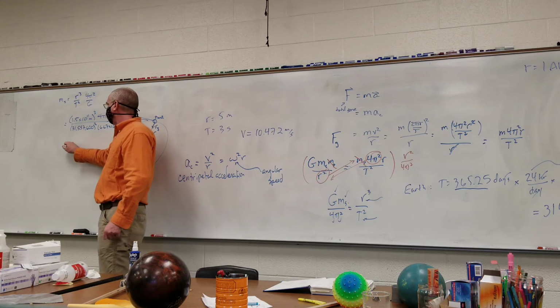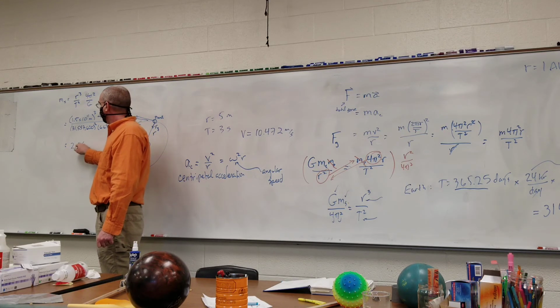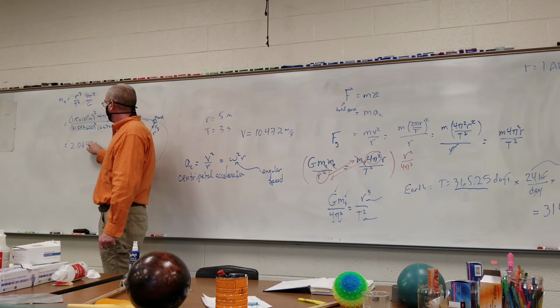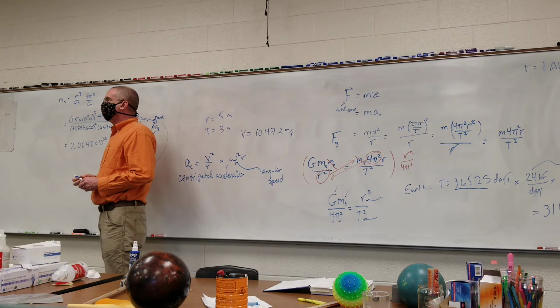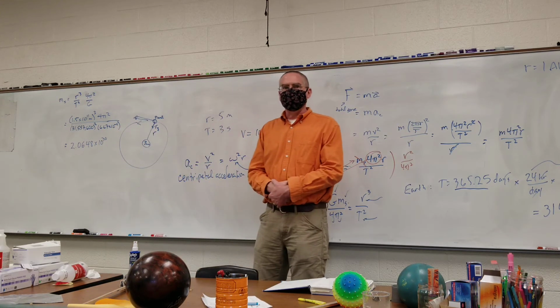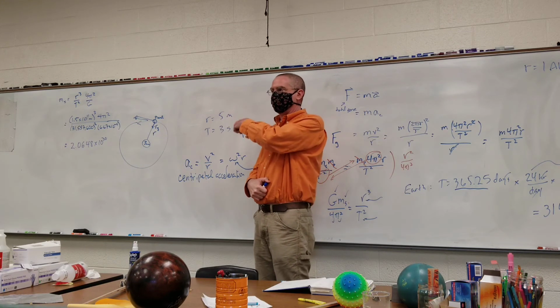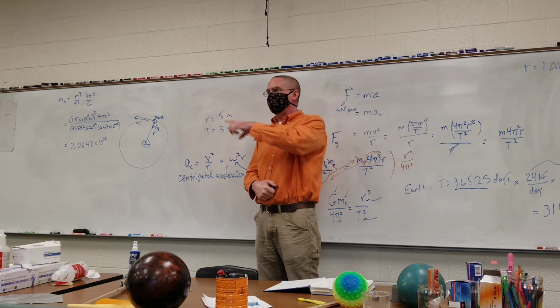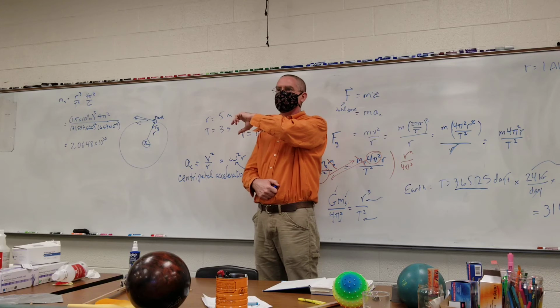Okay, 2.0648 times 10 to the 30th. That seems much closer. And again, I know what the answer is supposed to be, so I can tell when that's close to it. Anyone else get this? No one else got this?